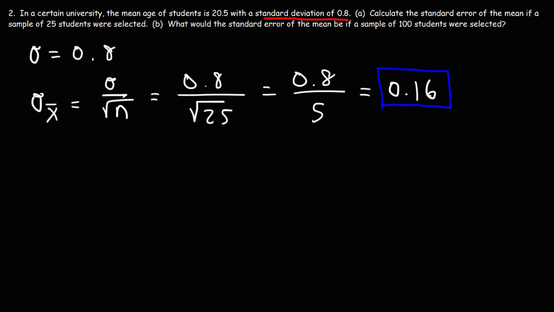Now for part B, it's going to be very similar. What would the standard error of the mean be if a sample of 100 students were selected? So let's use the same formula.